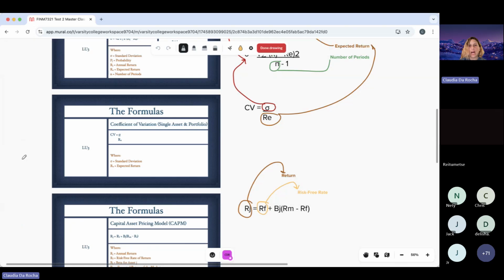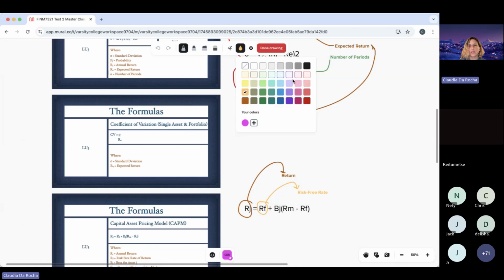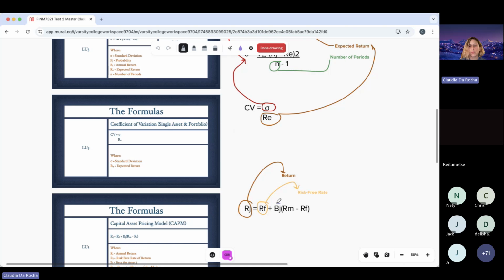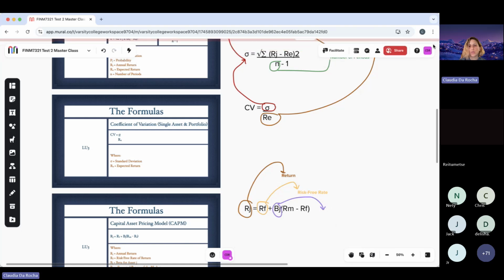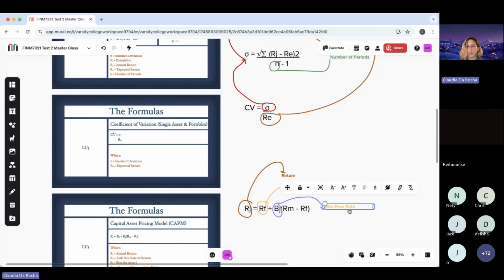Okay, then we have our beta, as I like to say. I know some people like to say beta. It's fine, whichever way, but it's beta for me. Your beta basically shows you the profile in terms of the market. What I mean by that is your market beta is always 1.